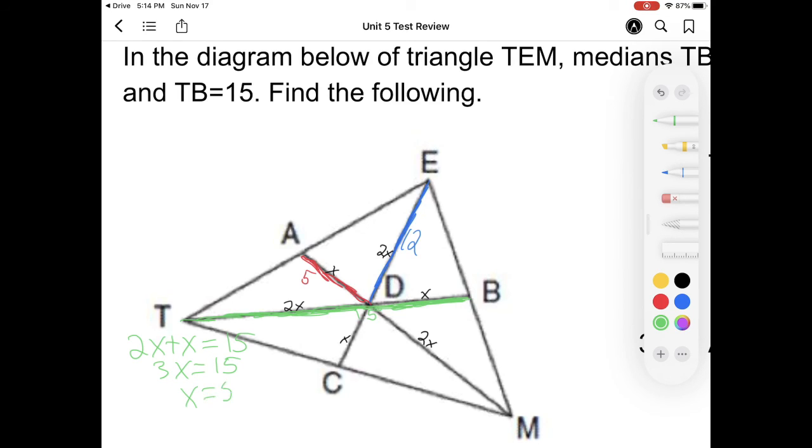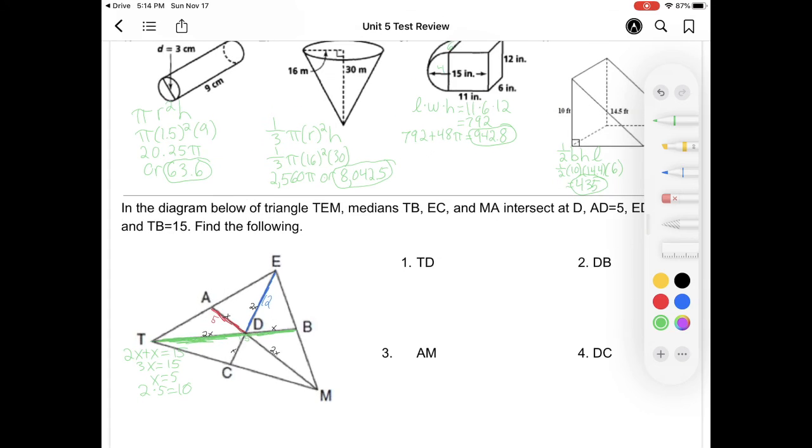Divide both sides by 3, and you get x equals 5. Again, we are asked for TD, which is the long part. Our long part is 2x, not just x. So we take 2 times our 5, which gives us 10. So for the first one, our answer is 10.